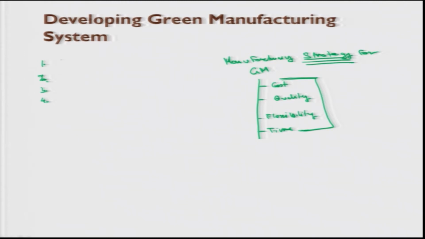The first step would be to identify the status, present status, status or level. When the present status is identified, then we need to have an improvement plan.